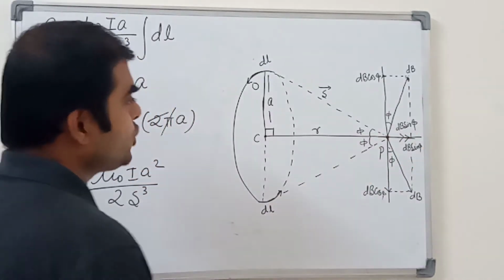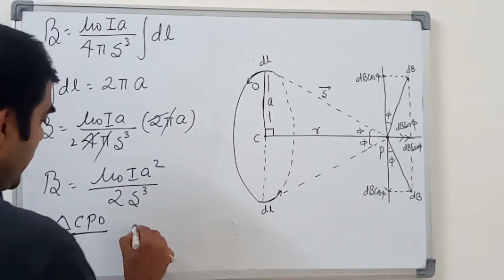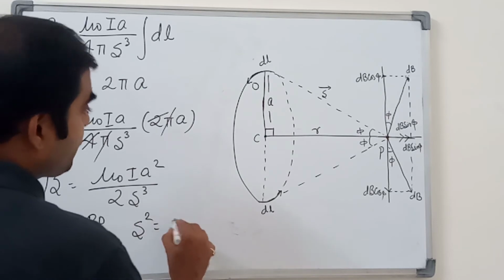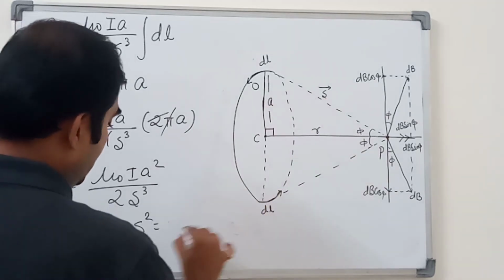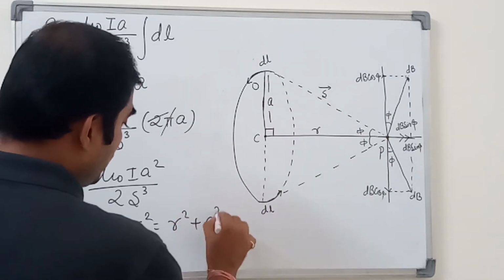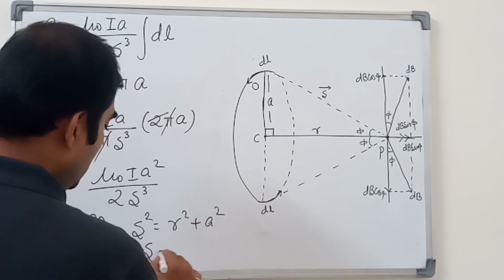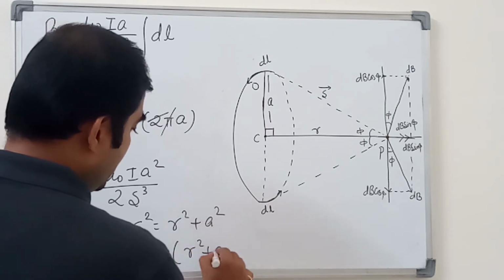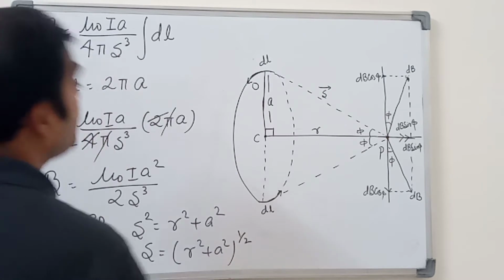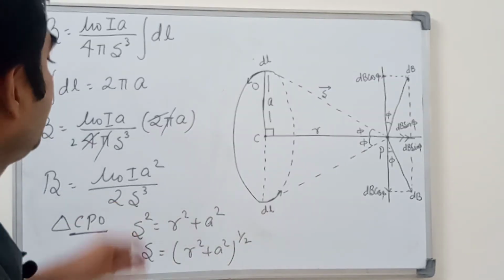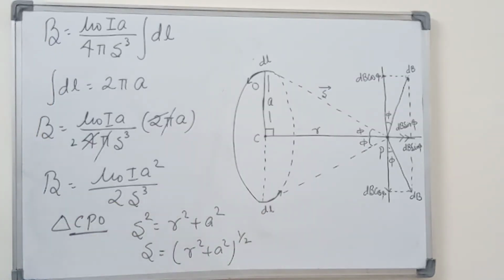The Pythagoras theorem says s square is equal to, s being the hypotenuse, r square plus a square. So s is equal to the square root of r square plus a square. Put it here, and the next equation is created.